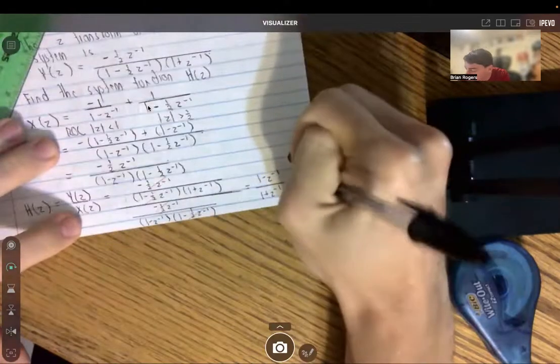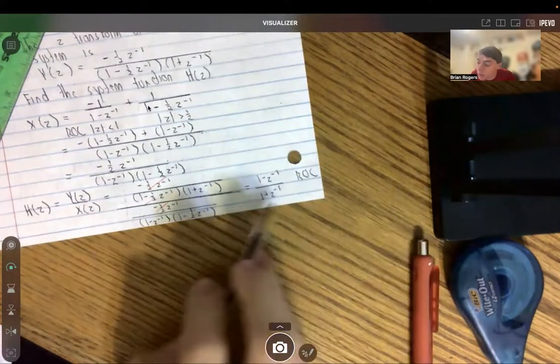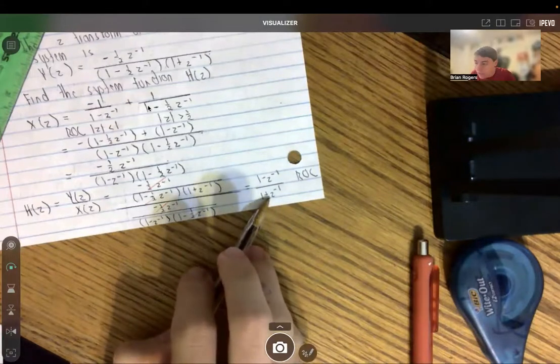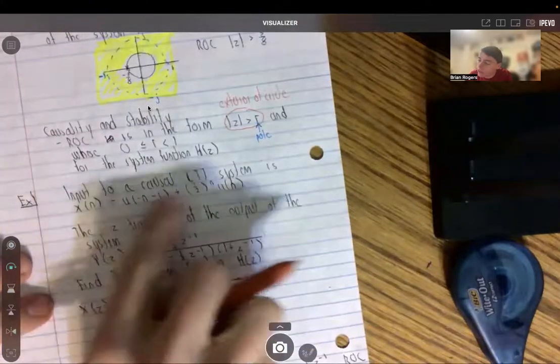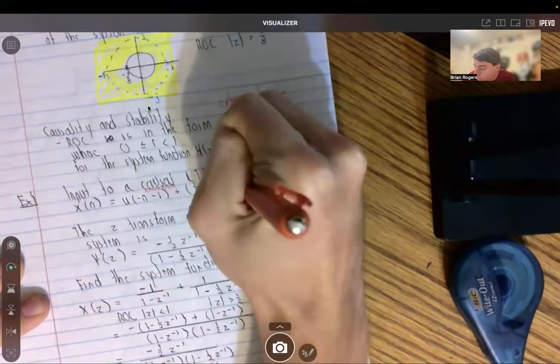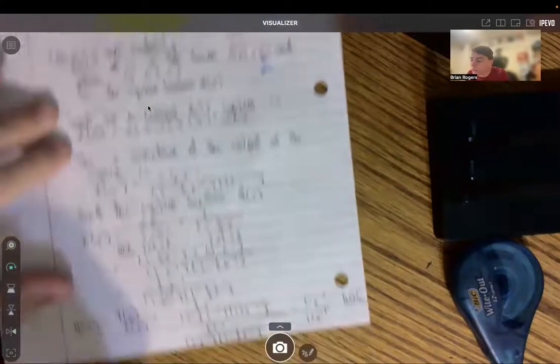So the region of convergence, remember, deals with the poles. And we're going to notice when they talked in the instructions, they said input to a causal LTI system, so they specified this is a causal system. And we know causal is always exterior of the circle, correct?